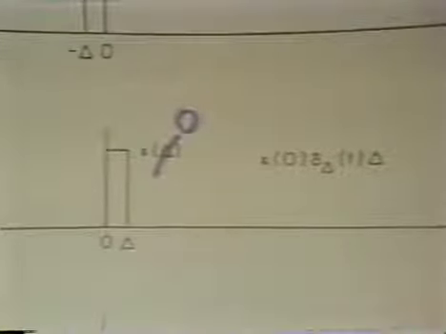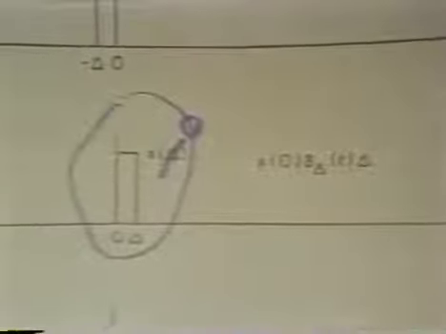And so we have a rectangle of height x of 0. And recall the function that I defined last time as delta sub capital delta of t, which had height 1 over delta and width delta. So multiplying finally by this last little delta, this is a representation for the rectangle that I've shown there.